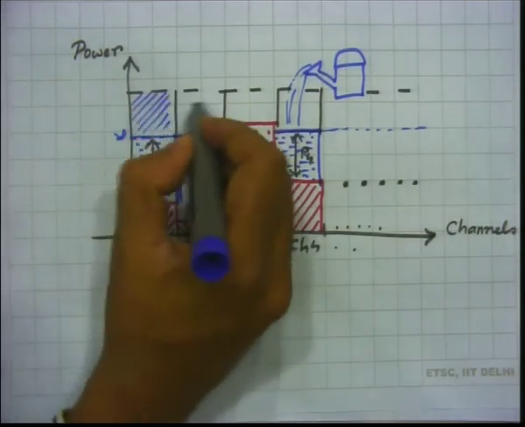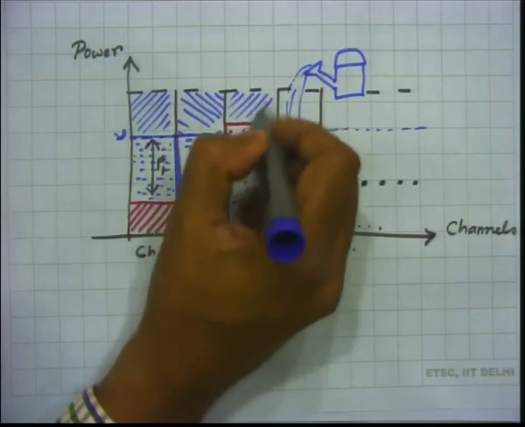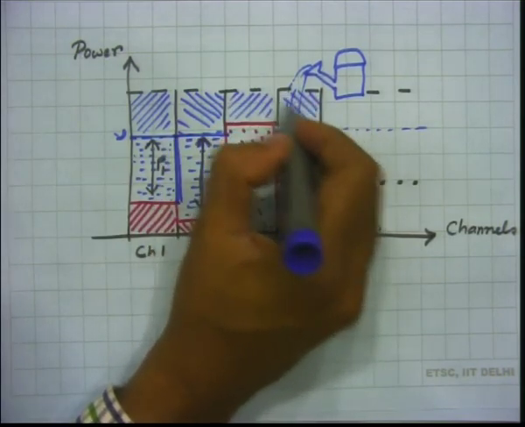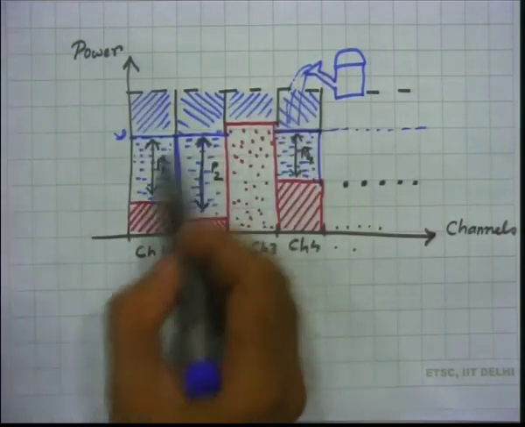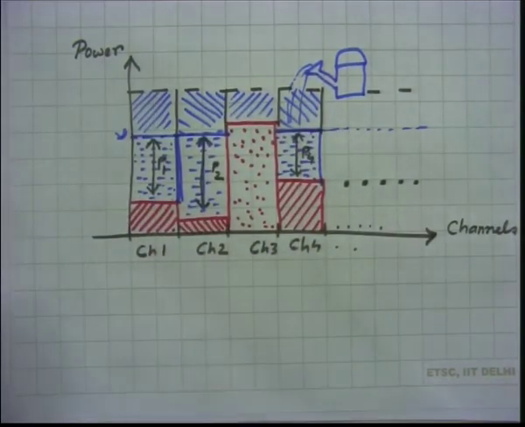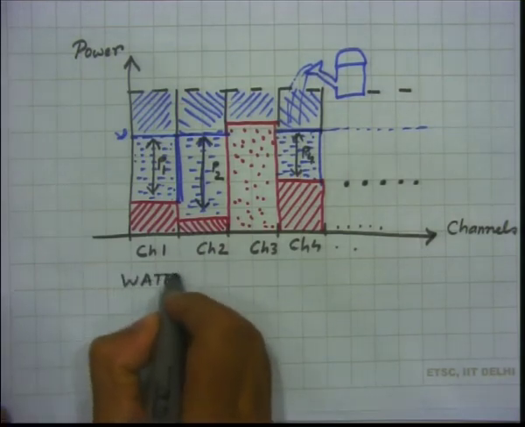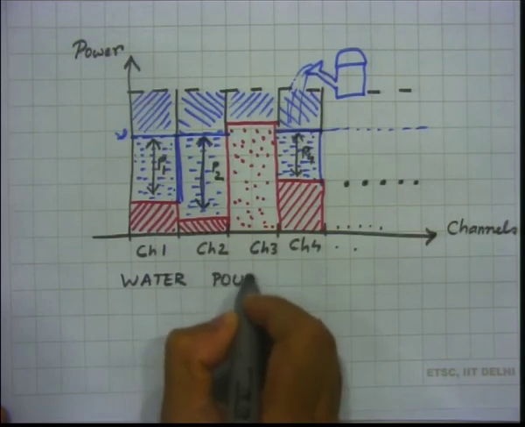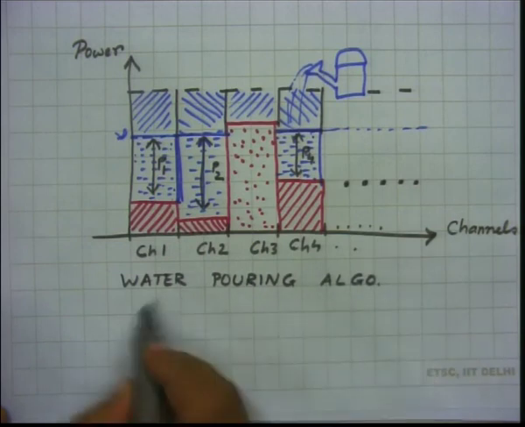So, if I choose to change my algorithm and say no, I will allocate more power now, then I can redistribute additional power in this way to get maximal mutual information and thereby the capacity. So, this is called the water pouring algorithm, or sometimes it is called water filling.